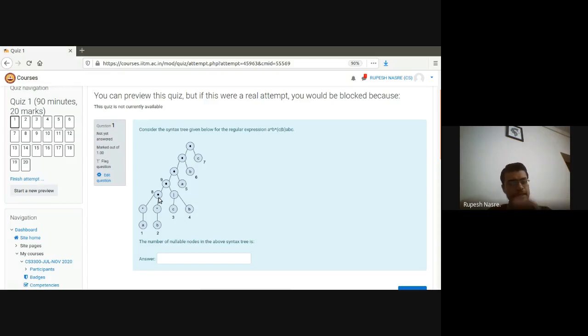As far as 9 is concerned, the left hand side is nullable, but the right hand side is not. That is an or, so it is not nullable, and therefore there will be 3 nodes which are nullable. Is that correct? Anybody has any issues with that? Okay, so let's move ahead to the next question.